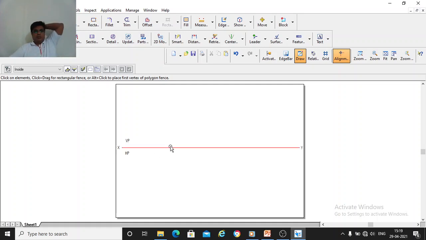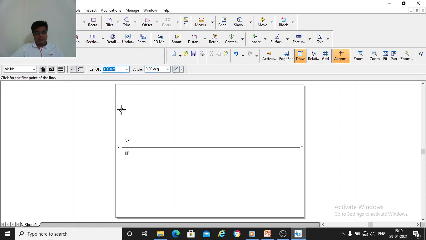So now I will draw the triangular lamina. As usual, first you draw the line. You draw the first edge on the right hand side, a little bit right side. I'll draw it here.